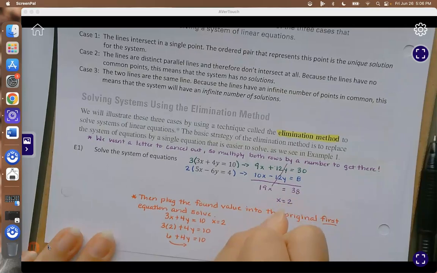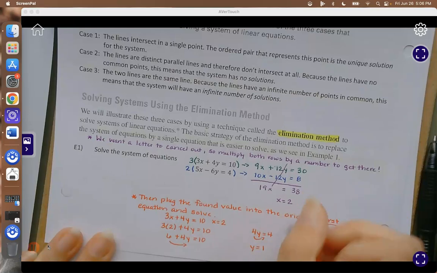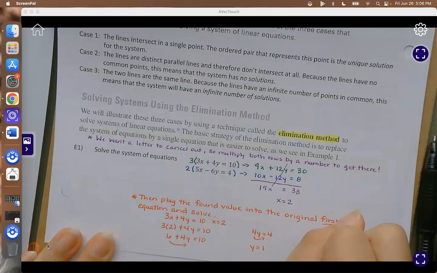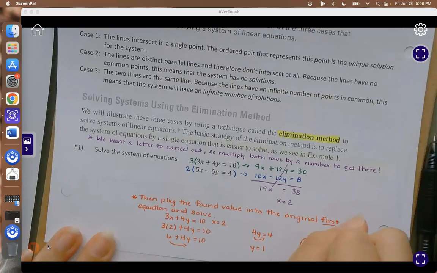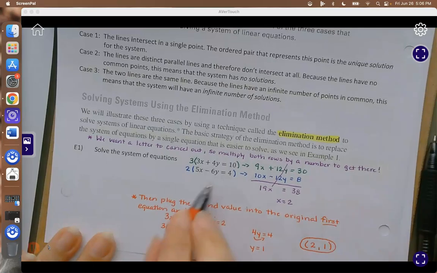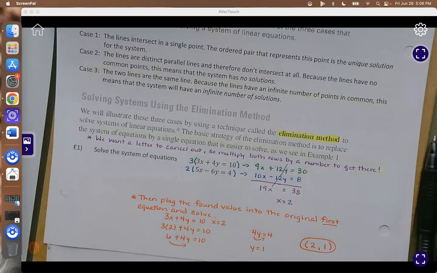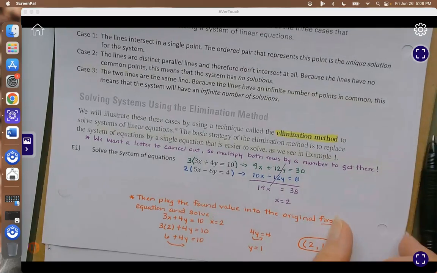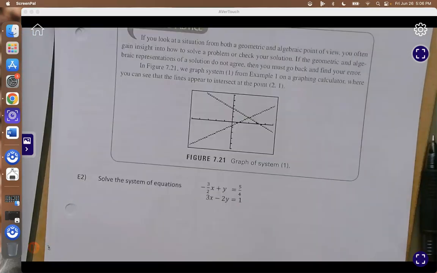We divide by 4, so y is 1. So the solution to this problem is x is 2, y is 1. We write that like an ordered pair. So these two equations, if you were to graph them, would intersect at the point 2, 1.